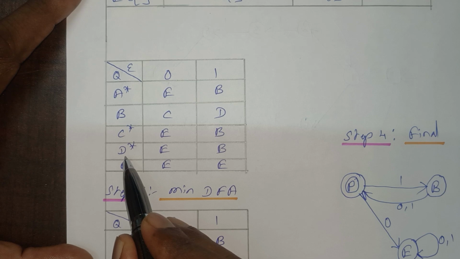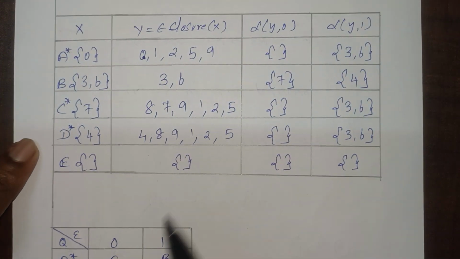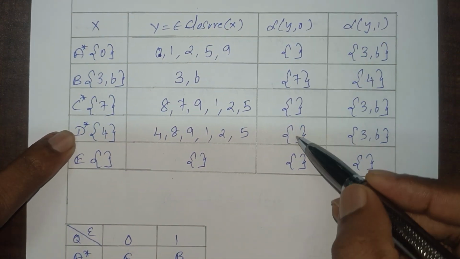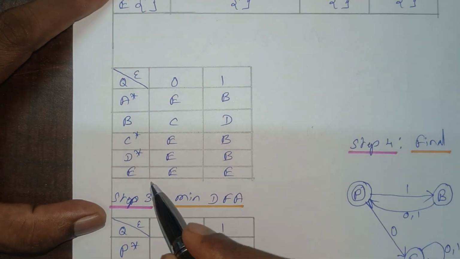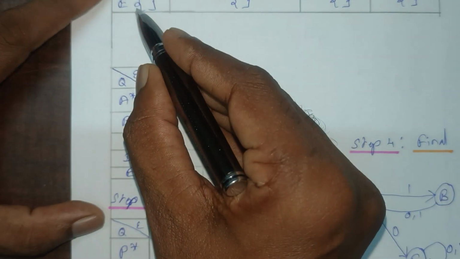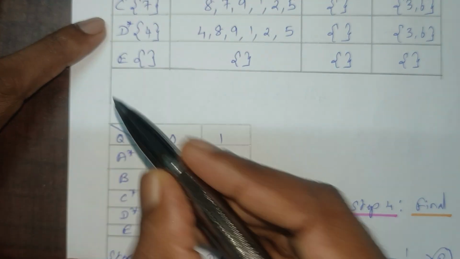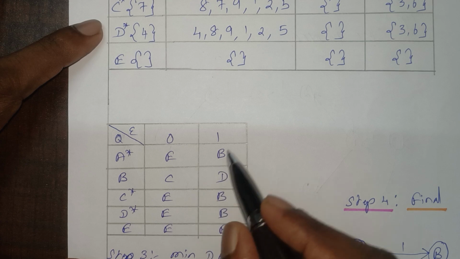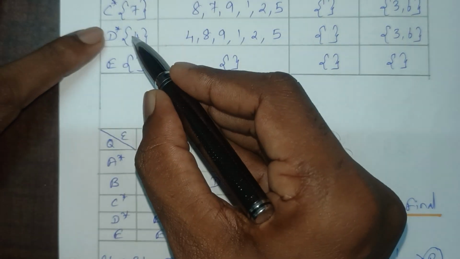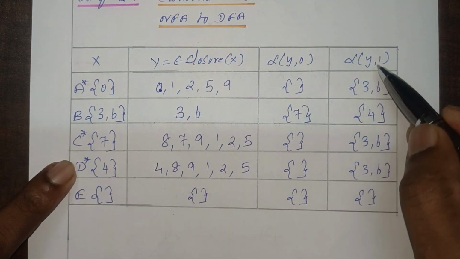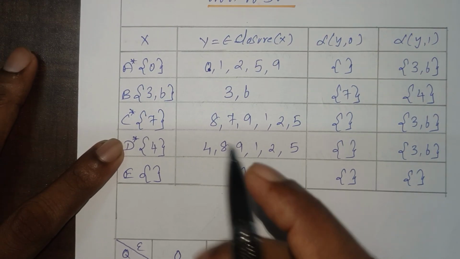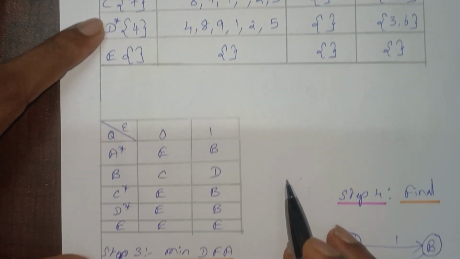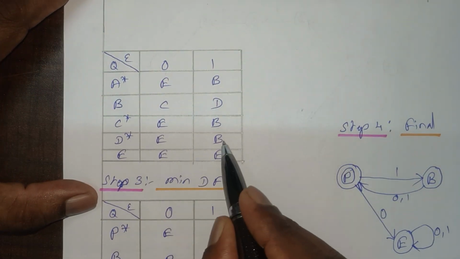Now I am taking D. D is taking 0 and we have got empty. As you all know, empty set, we need to mention it as E, because we have already mentioned the name as E. Again I am taking D with 1. D reaches the new state 3 comma 6, and the name of 3 comma 6 we have already mentioned as B. So you can see here B is there.